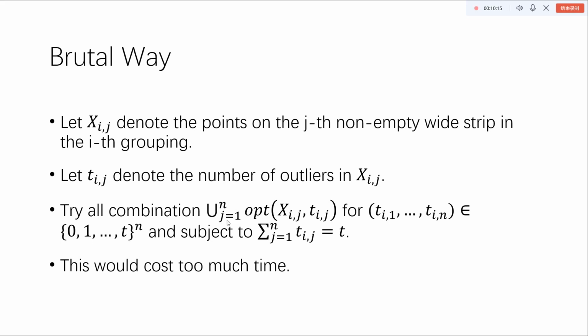Remember that there are at most n non-empty white strips in a grouping. All such local solutions for different T_i1 to T_in are only subject to their summation equaling t. So we just guess all the outlier distributions over different white strips. This will cost too much time, right? Although it works, it costs too much time.